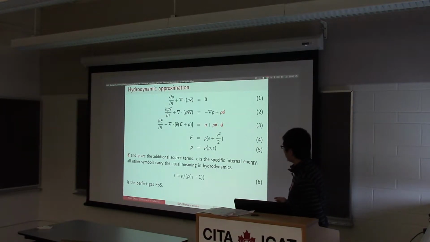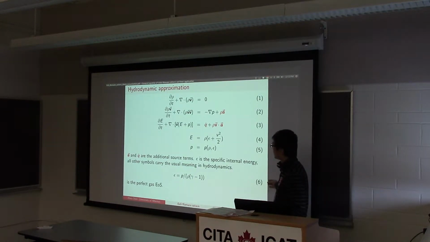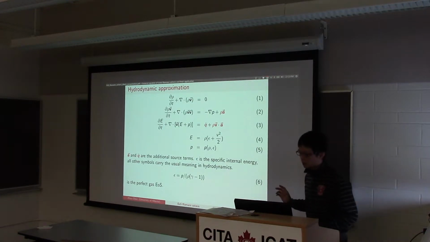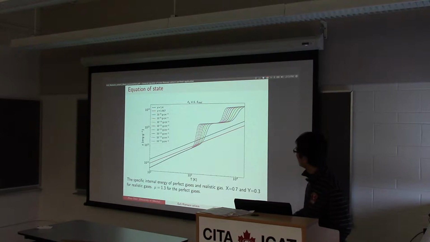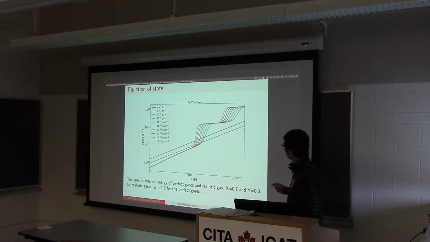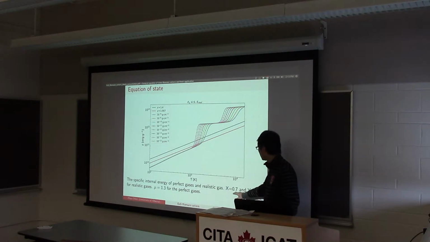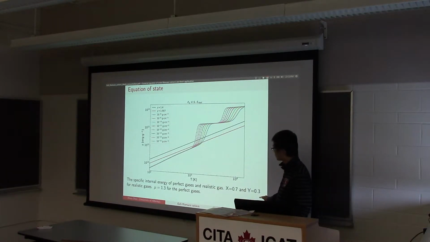However, in reality, the realistic gas is far from this perfect gas equation of state. Next slide, I will show what is the difference. So this is an equation of state where hydrogen is 70%, and the other 30% is helium. So the curved line shows the specific internal energy of realistic gas.